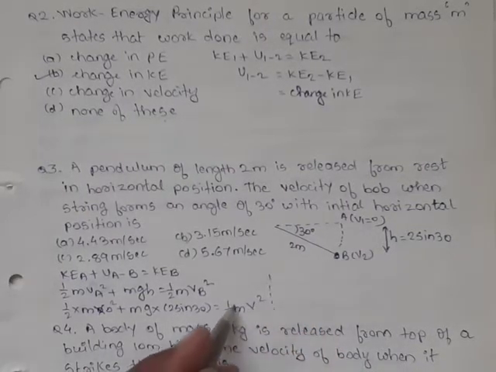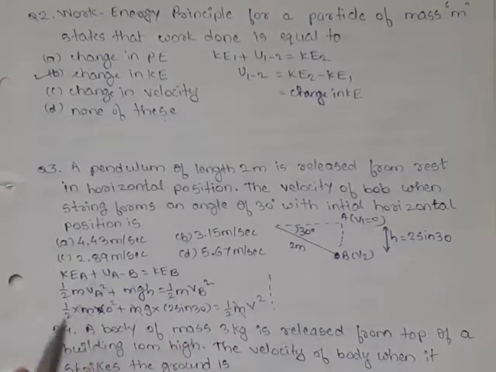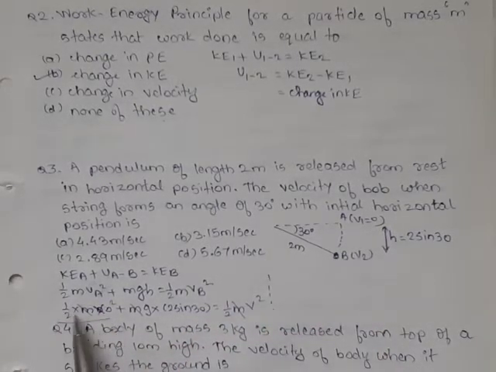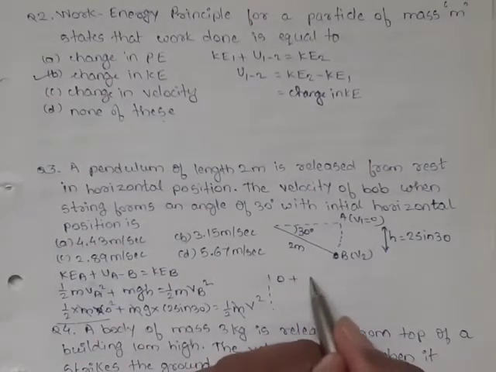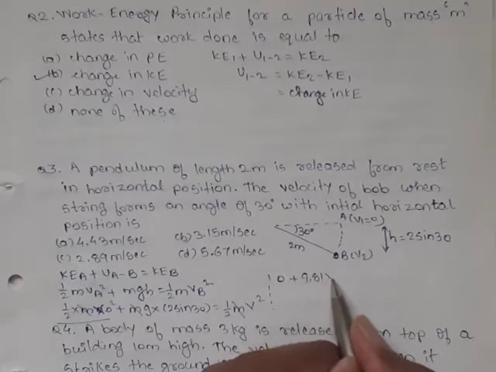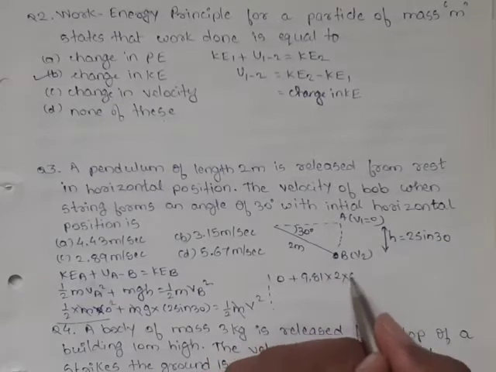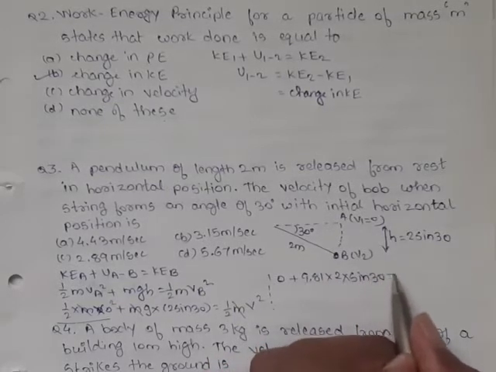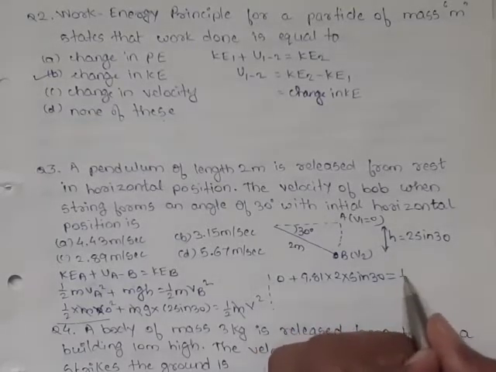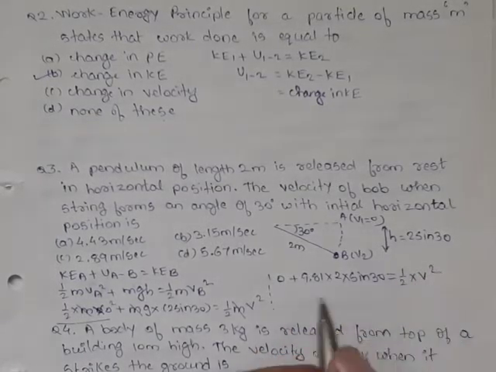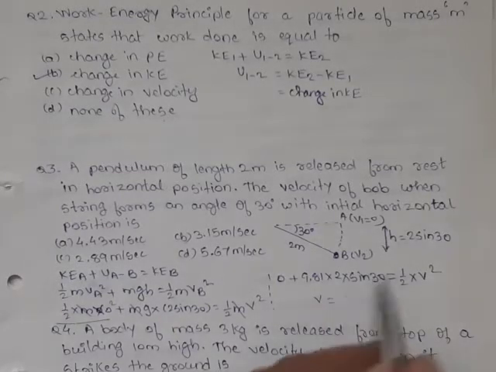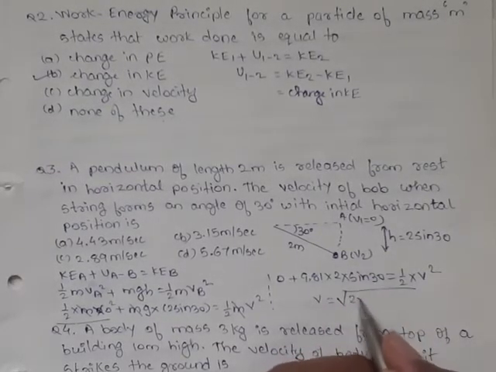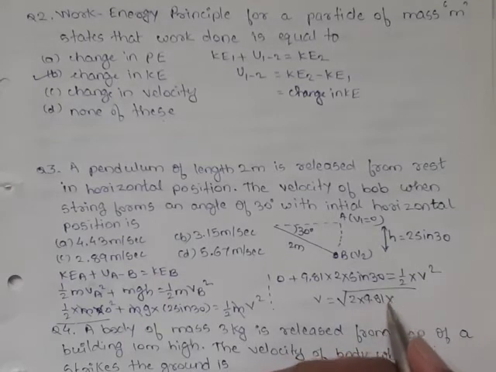Here we cancel the value of m in this equation. The term 1 half m 0 square becomes 0, plus g, which is 9.81, into 2 into sine 30, equals 1 half into V square, where V is the velocity at point B. So finally V equals under root 2 into 9.81 into 2 into sine 30.